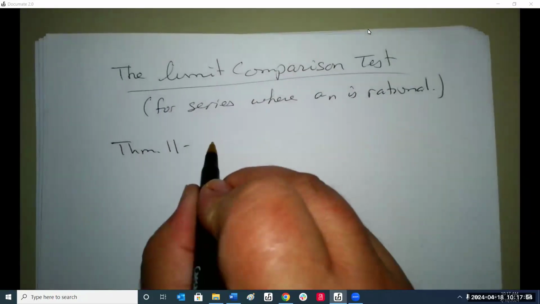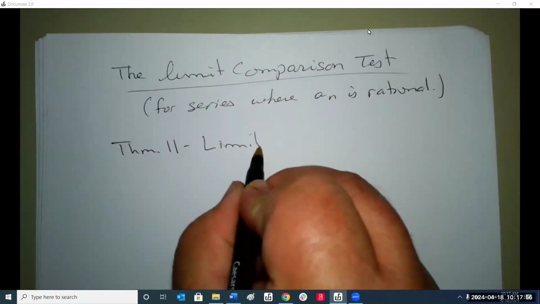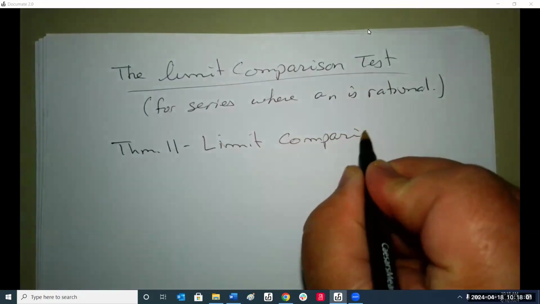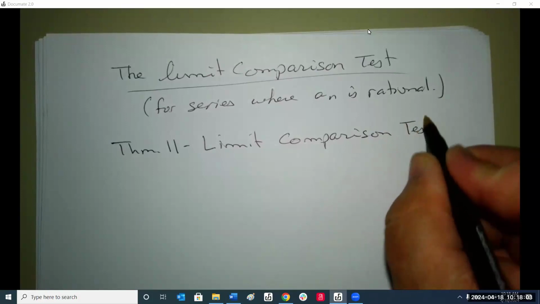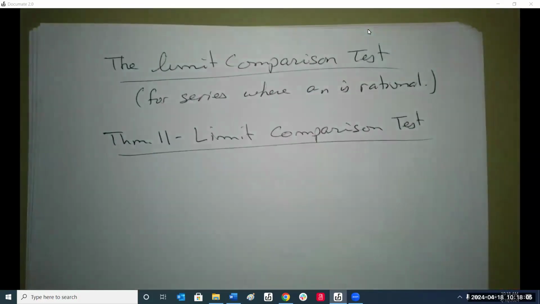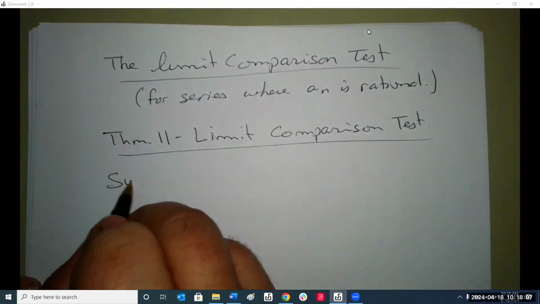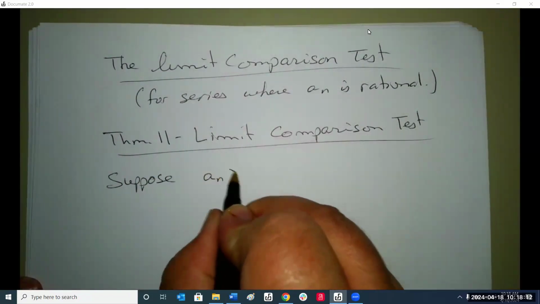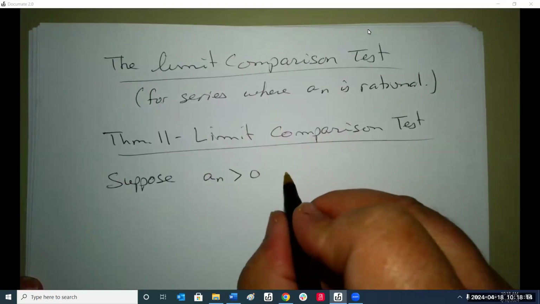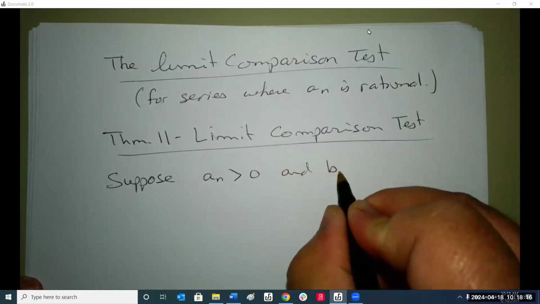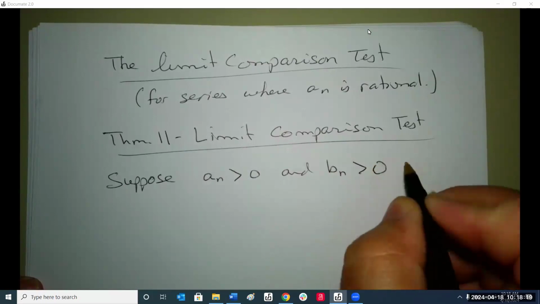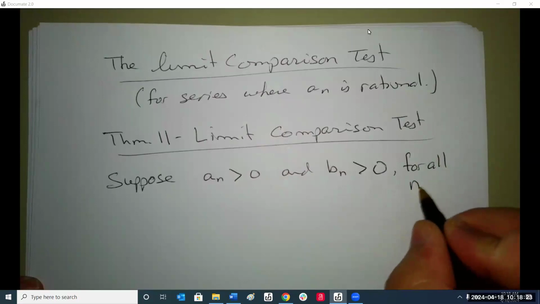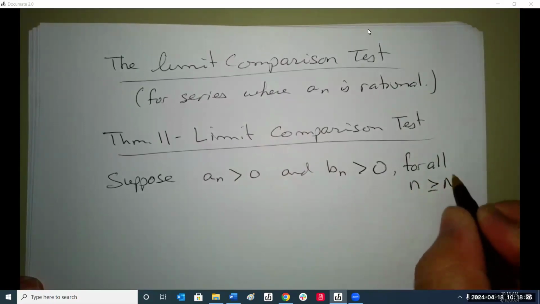This brings us to theorem 11, the limit comparison test. Suppose a sub n and b sub n are positive sequences for all n greater than or equal to some integer.